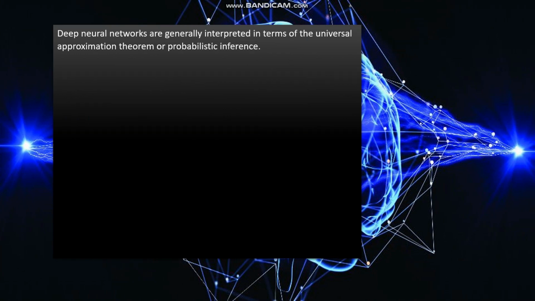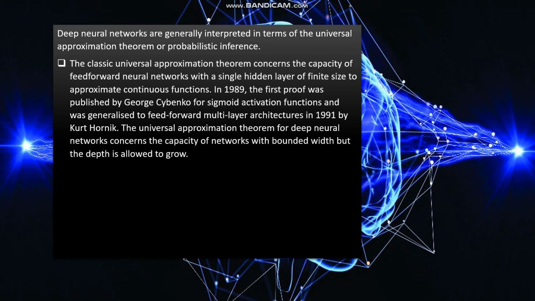Deep neural networks are generally interpreted in terms of the universal approximation theorem or probabilistic inference. The classical universal approximation theorem concerns the capacity of feed-forward neural networks with a single hidden layer of finite size to approximate continuous functions.